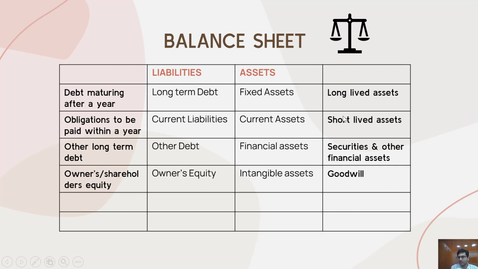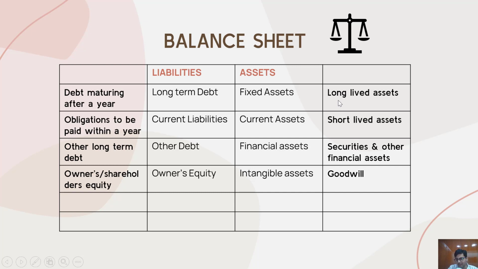Current assets are those assets which are expected to be realized or converted into cash within the year, and are considered short-lived assets. Examples are inventories, which we usually expect will be sold within that year. Stock, inventories, accounts receivable, these are all examples of current assets. Even cash or bank balance is a current asset.